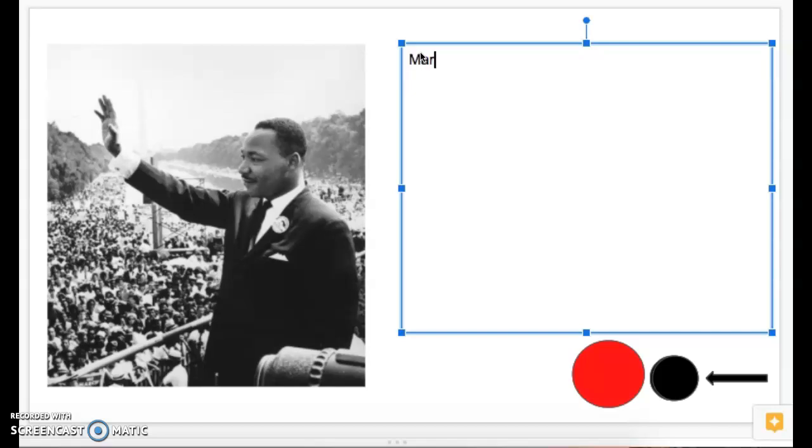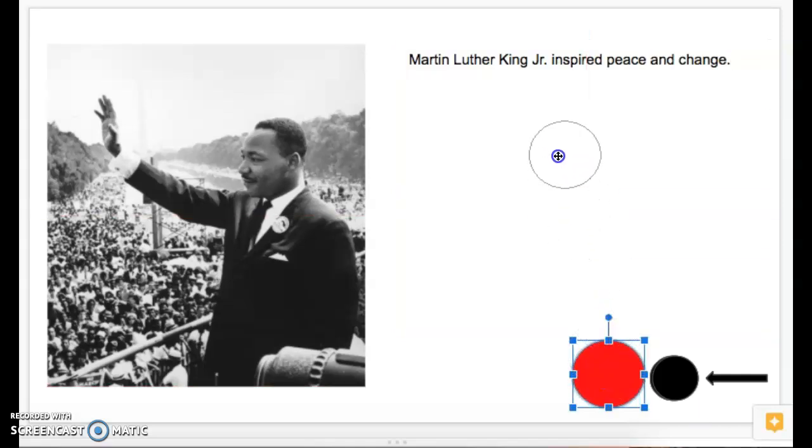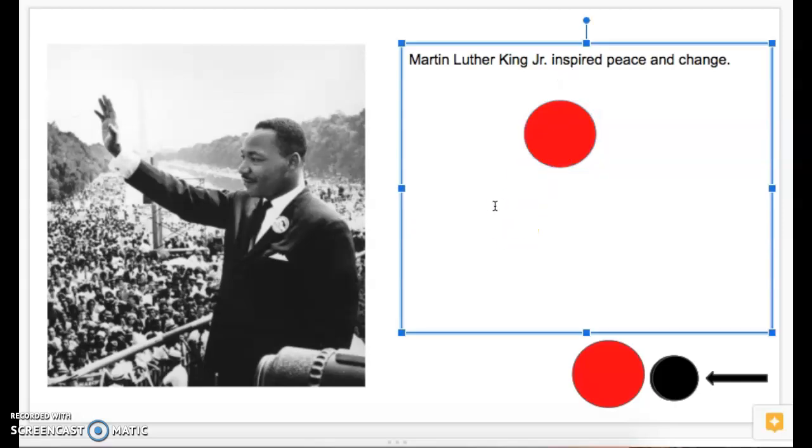And for this, we'll go ahead with Martin Luther King Jr. inspired peace and change. So here in our sentence, we can go ahead and begin by going on our hunt of what is the action. And our action is inspired.